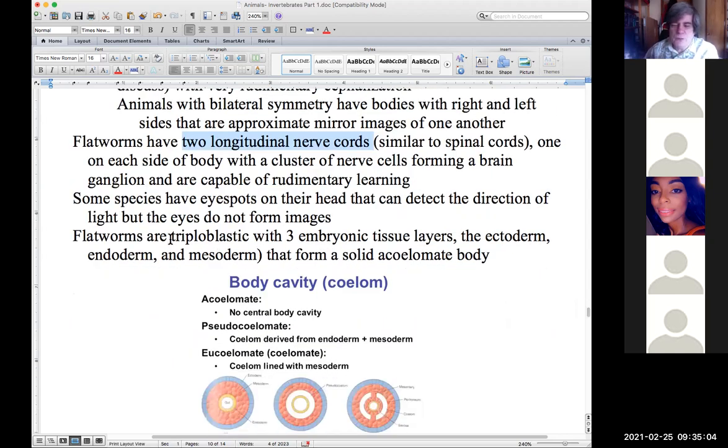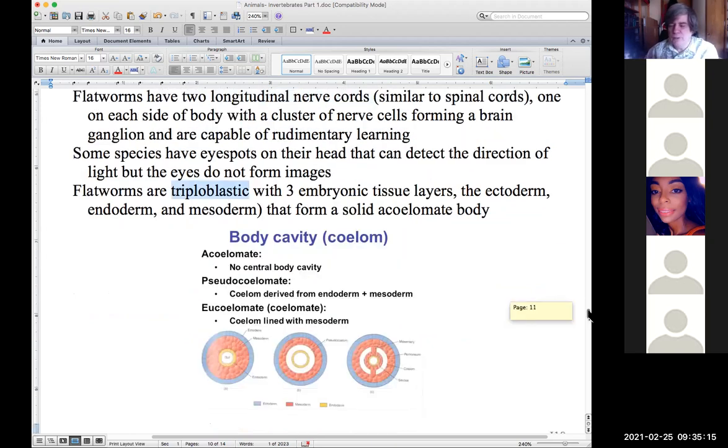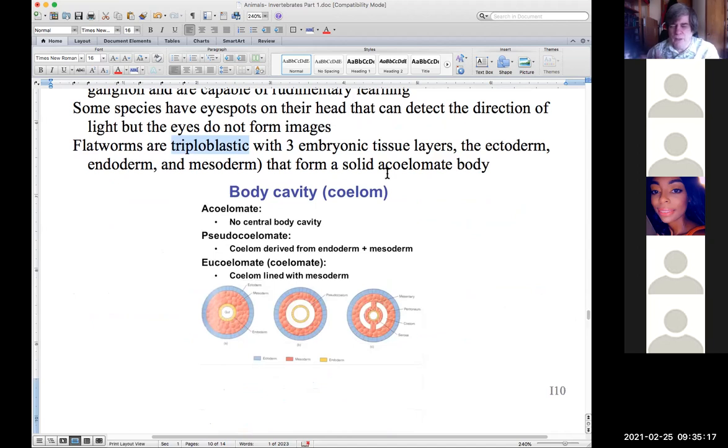Now, the cnidarians were diploblastic, flatworms, and again, all the other groups that we're going to look at are triploblastic. If we look at an embryo of a flatworm as it's developing, there are 3 tissue layers that form in the embryo.